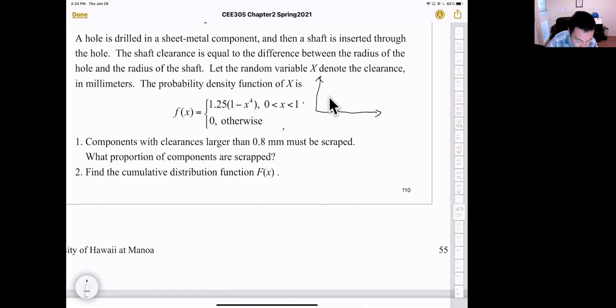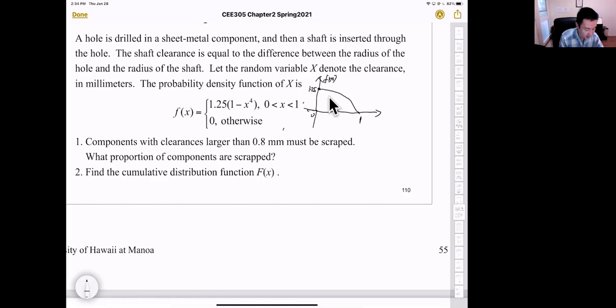Plug 0 here, so fx becomes 1.25. And when x equals 1, then fx becomes 0. So the shape of the curve is something like this. And the area under that curve is the probability.